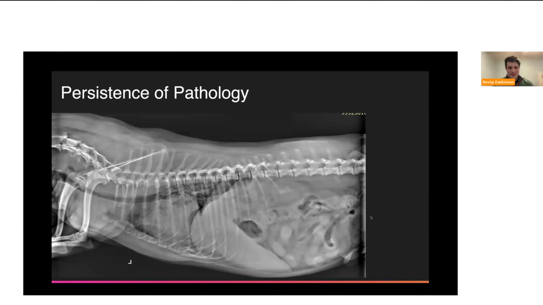And what you may notice is that the lungs are very, very poorly inflated, and it has a general haziness, a very increased unstructured interstitial opacity, you could call it. And because the lungs are so poorly inflated and there's so much contact between the diaphragm and the cardiac silhouette, I can't tell you if this is pathologic or not. I can't tell you if there's pathology hidden in here. I can't tell you anything really about the lung quality of this study.